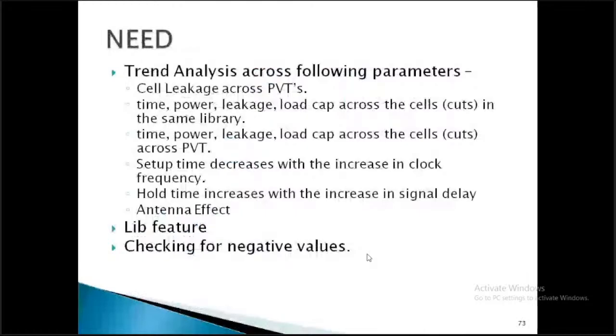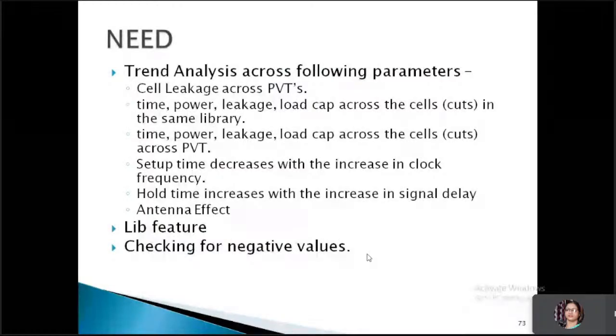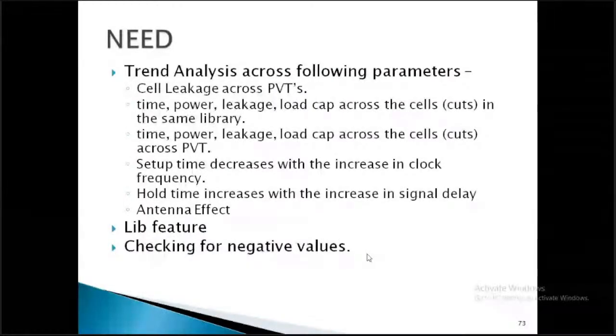So these are the 10 checks we needed. All types of leaf features are different. Their delay should not be negative. Sometimes it comes because, let's say, our transition is happening more at the input and the load is very small, so it will charge very fast.